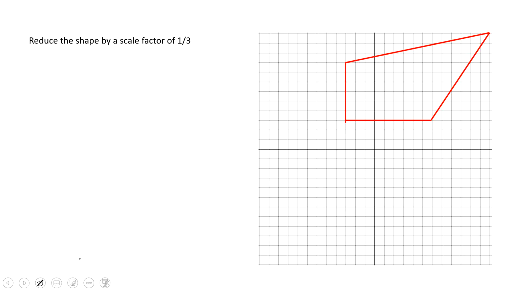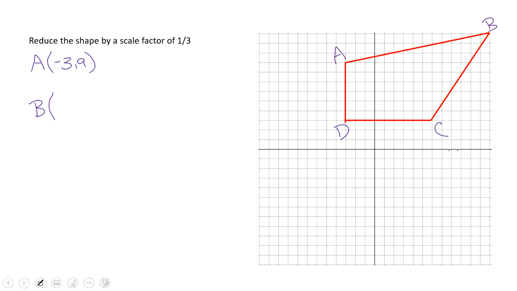I am going to quickly call these points A, B, C, and D for simplicity. So if I look quickly, my point A is -3, 9. Point B is 1, 2, 3, 4, 5, 6, 7, 8, 9, 10, 11, 12.